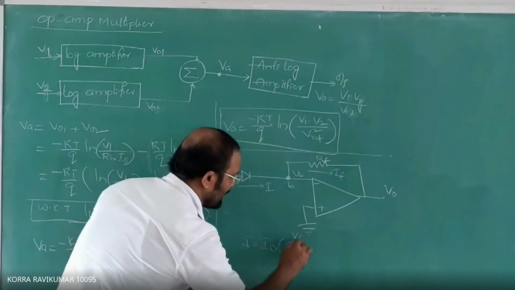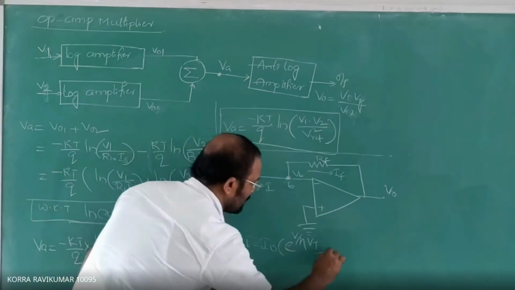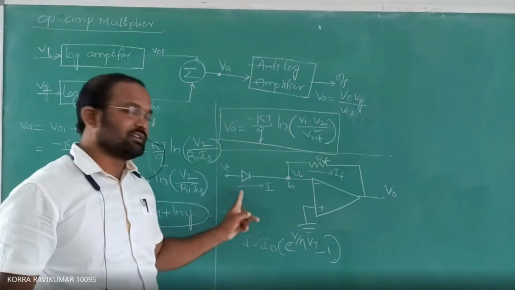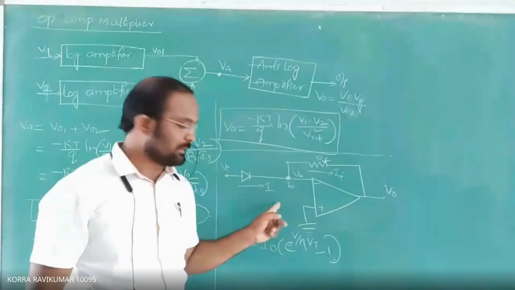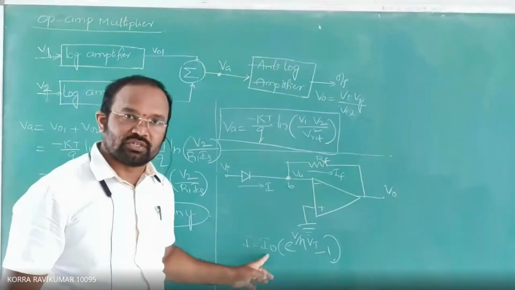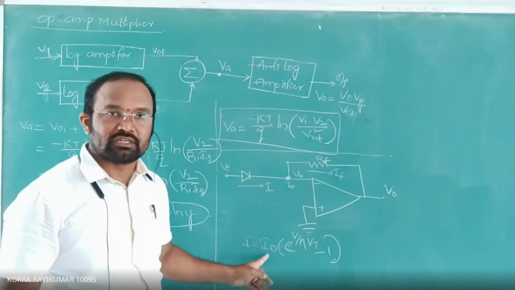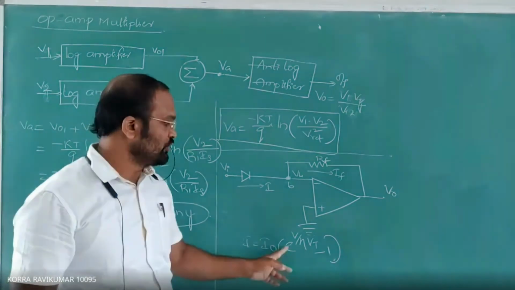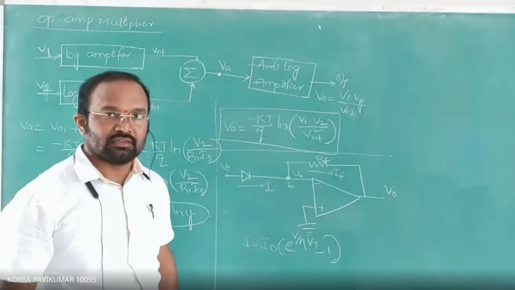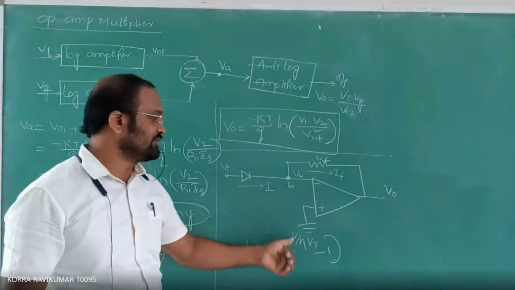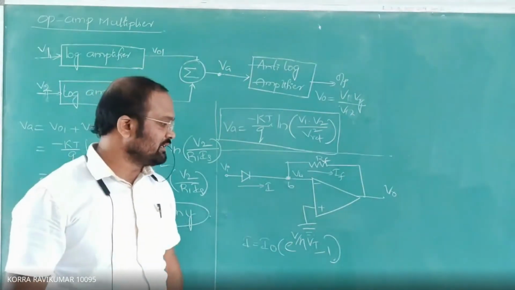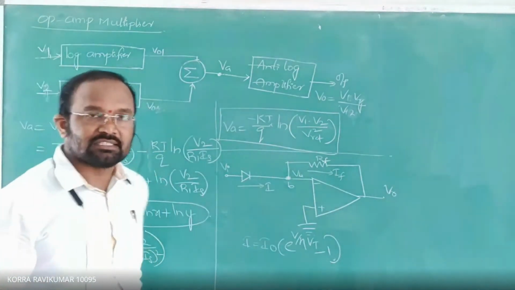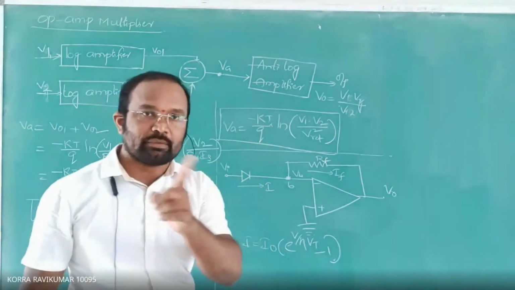e power v by eta Vt minus 1, where I is the current which is flowing through the diode, I naught is the reverse saturation current, its value in terms of picoamperes, so that it is negligible, into e power v, the input voltage which is applied, divided by eta Vt. Eta has the value 1 for germanium material.